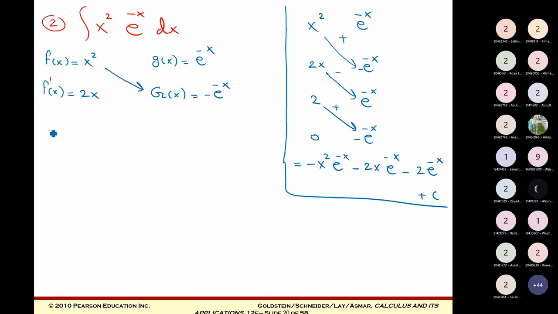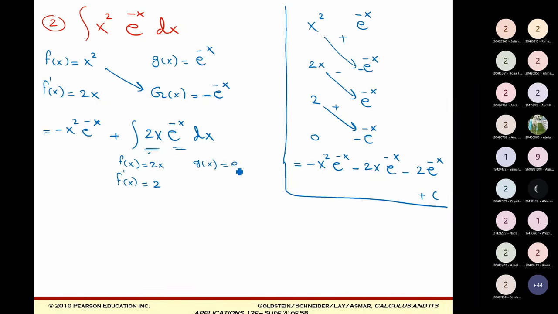Now multiply x squared with minus e to the power minus x, minus, with a plus, integral 2x e to the power minus x. Also again, we have here two functions, f of x equal 2x and f prime equal 2, and g of x equal e to the power minus x. This is the second time by parts. G capital of x equal minus e to the power minus x.